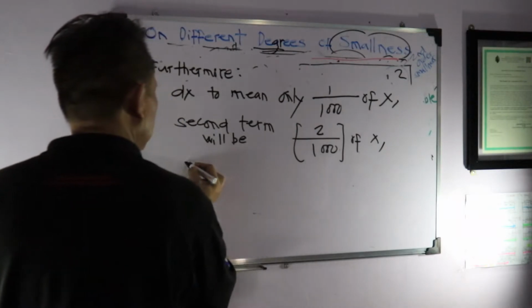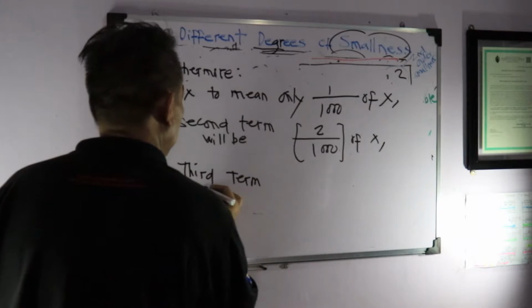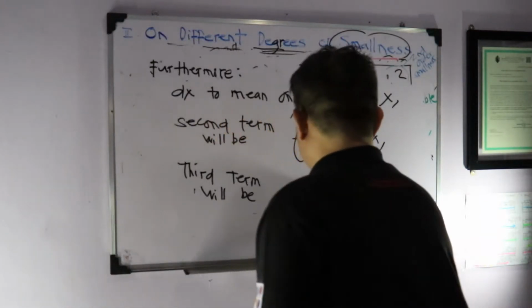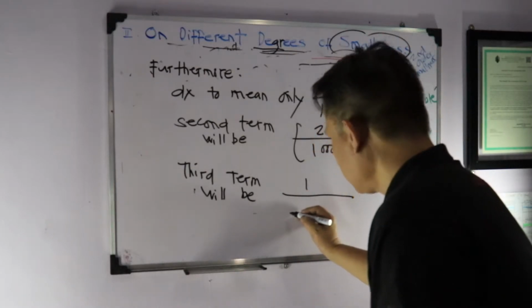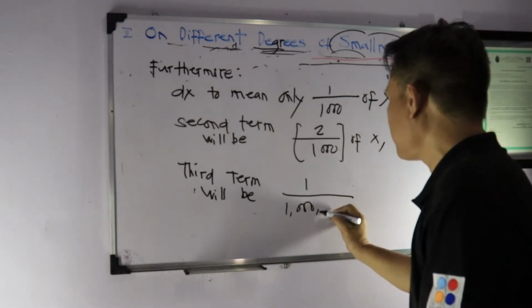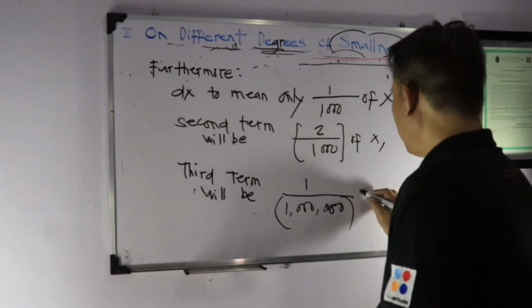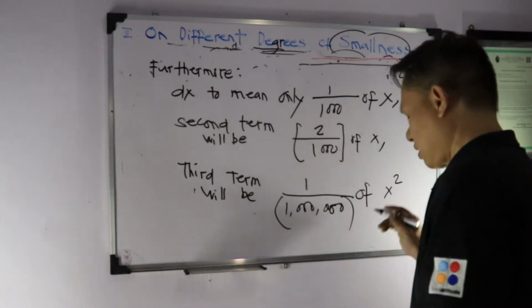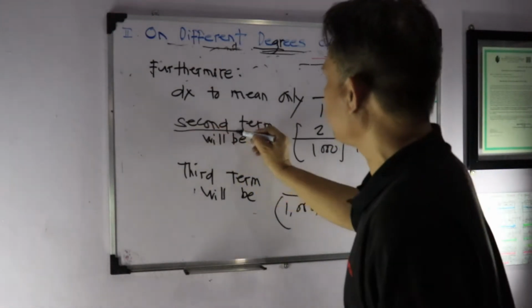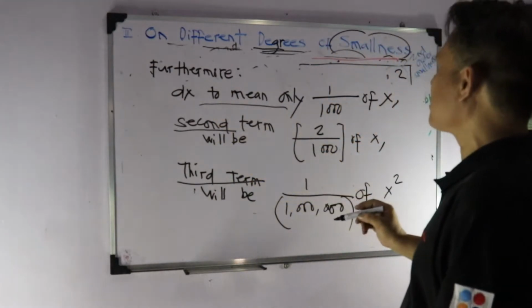While the third term will be 1 over 1 million, since 1000 times 1000 would be 1 million, of x squared. So this would be the second term, this would be the third term, and this would be the first term consideration here.